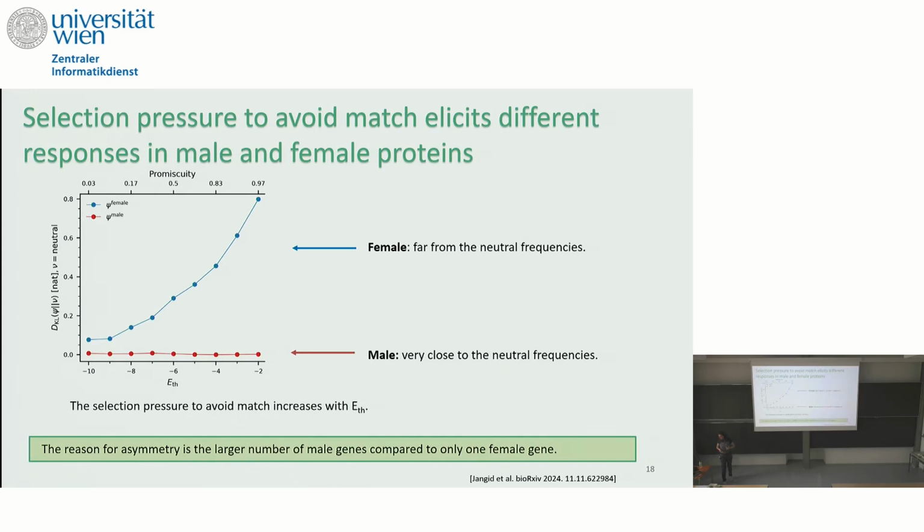So another interesting thing that we found here, so this is coming back to the single amino acid distribution, the single protein, the global strategy. We found an asymmetric response to selection, okay? So here we're looking separately at the biases of the female protein in blue and the male protein relative to the prior. So we see that the female is the one that significantly deviates from the prior, whereas the male proteins remain almost neutral.